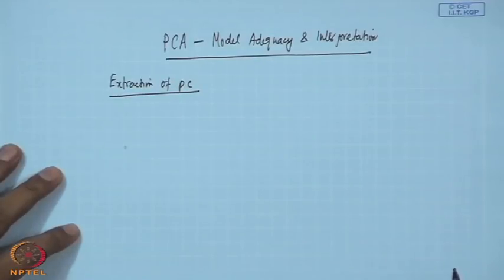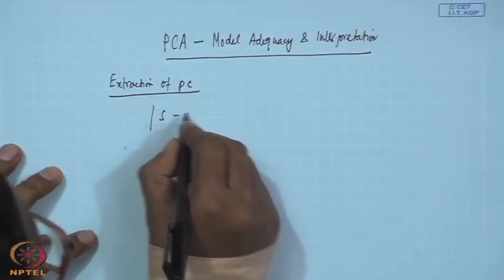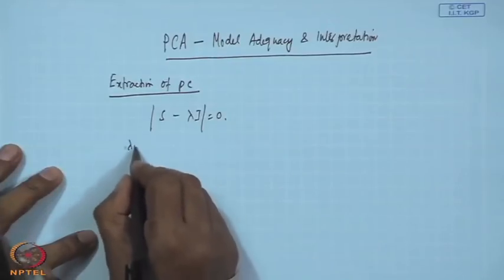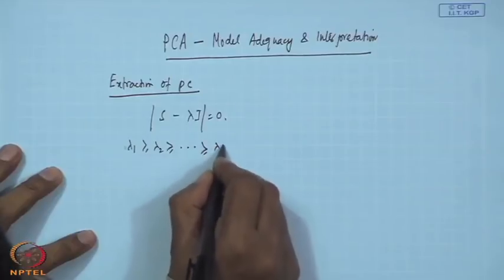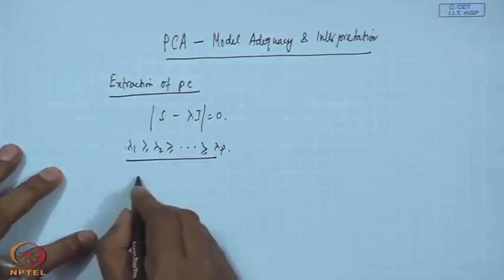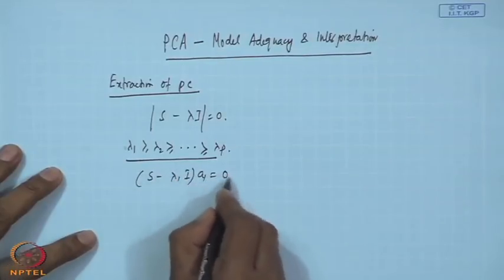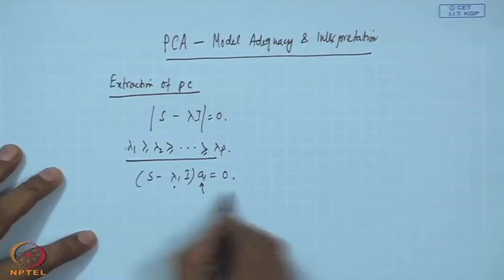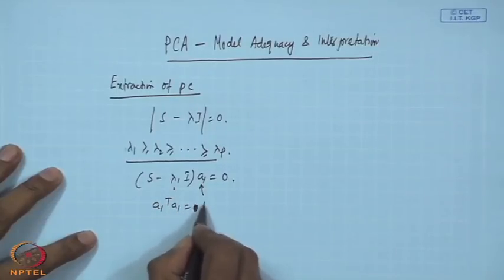extraction of principal component, and we have seen that first we have used determinant of S minus lambda I equal to 0, then we got the eigenvalues, and then using individual, suppose for the first one A1, first eigenvalue with the first eigenvector we have found out, subject to A1 transpose A1 equal to 1.